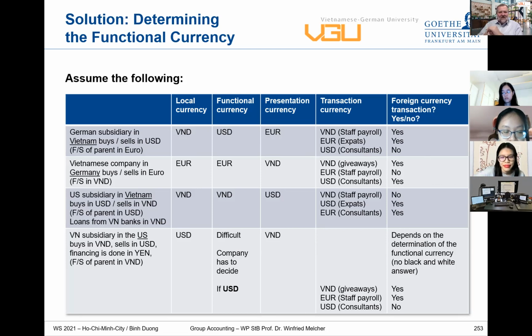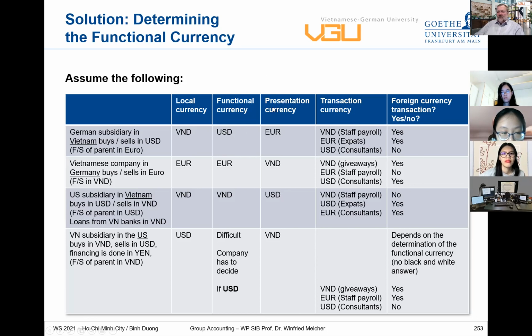Although it might sometimes be confusing, because why would we use a functional currency of US dollar for a German company sitting in Vietnam? So that's a little bit confusing, but I think you get the principle. First, you have to find out what is the functional currency, and then any transaction in another currency will be a foreign currency transaction.